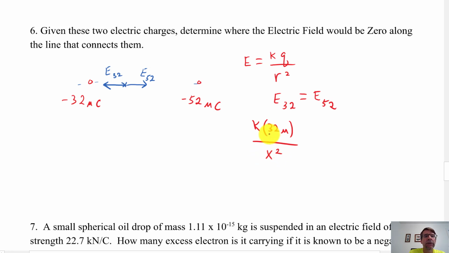Okay. So let me label that. So this distance right here, from the 32 to that X, that blue X, I'm going to call that, I'll make a dot right there instead of an X. I don't want you to be confused about X's. The X I was just using for location. So I'm looking at that location, that red dot location. It's at a distance of X from the 32.